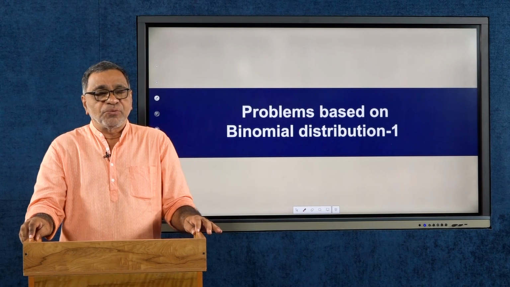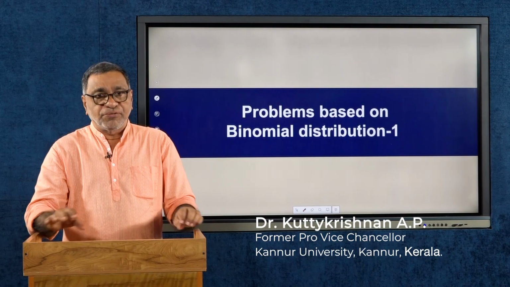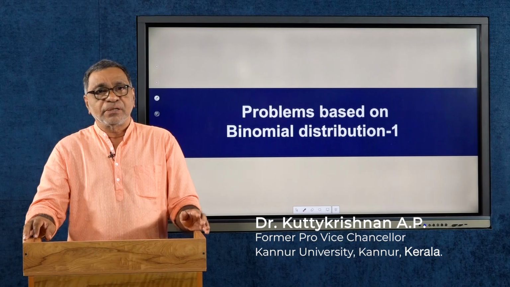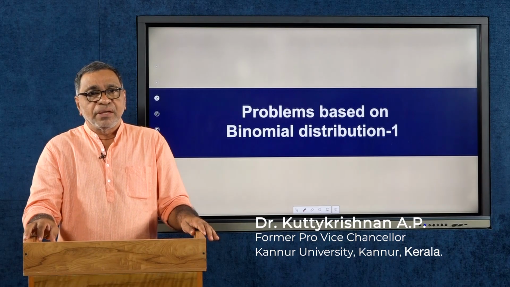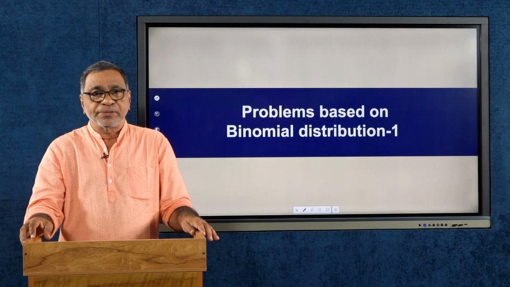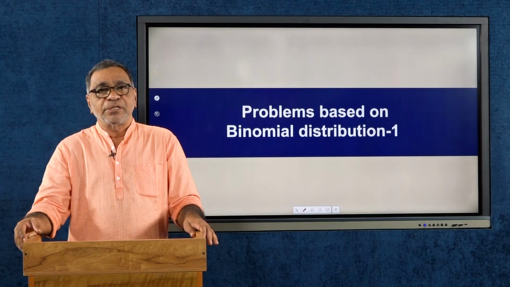So far, we have discussed random variables, different types of random variables, namely discrete random variable and continuous random variable, and its probability distribution functions and general concepts behind the distribution function.